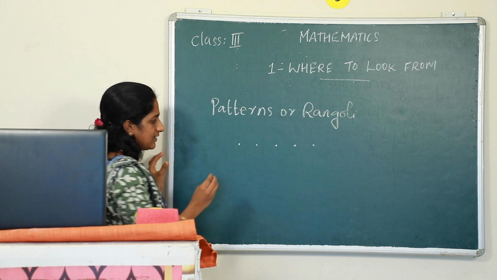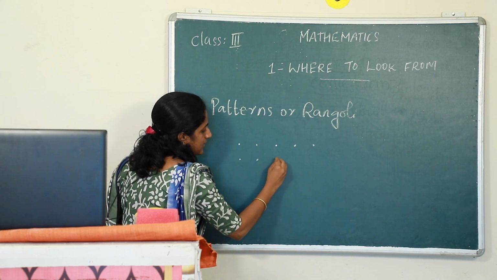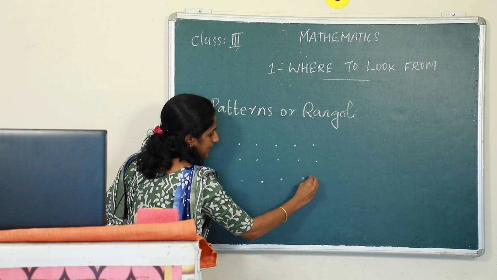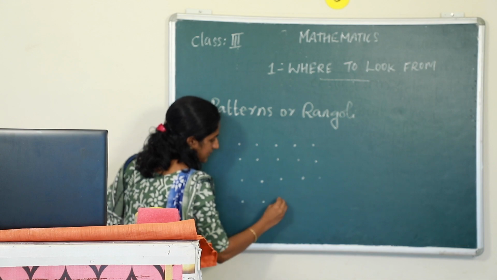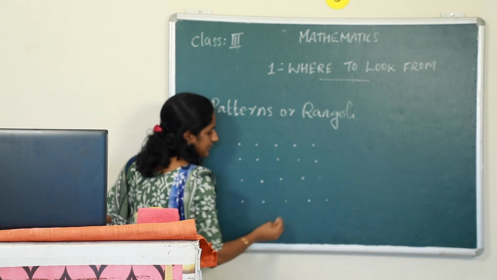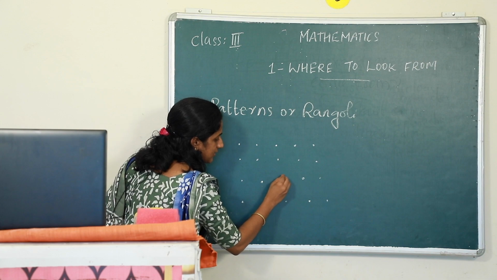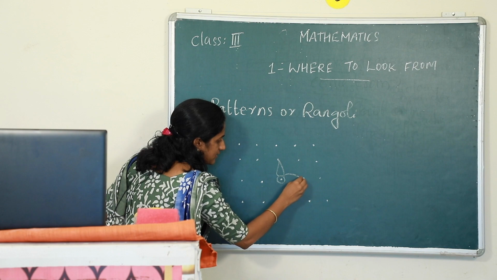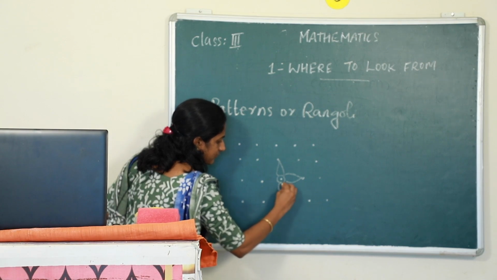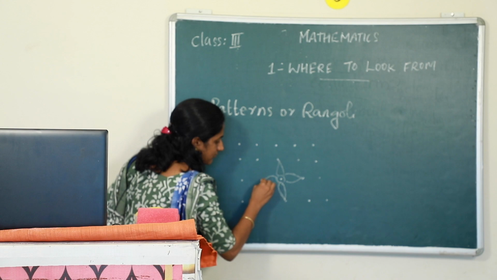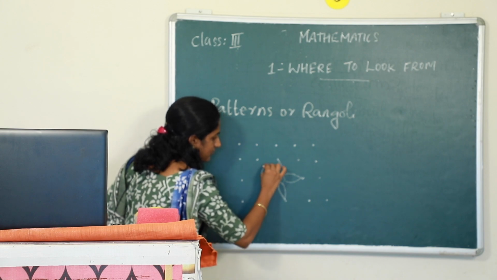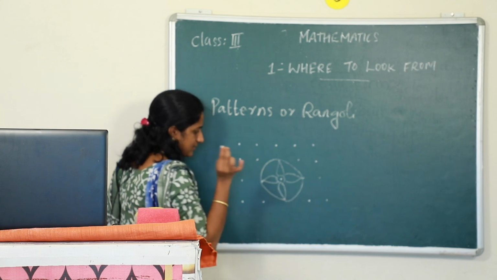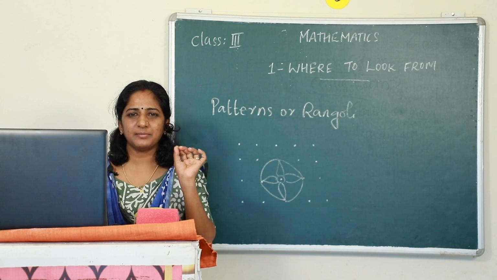For that I am first placing equally spaced dots like this. Then I am going to draw the pattern like this, joining the dots. This is a simple rangoli pattern.